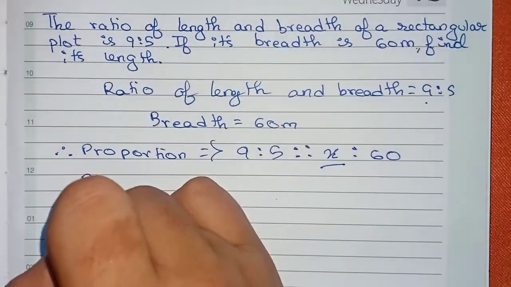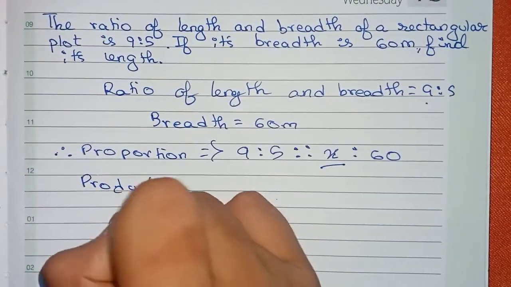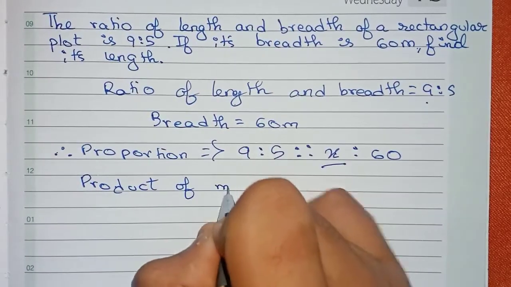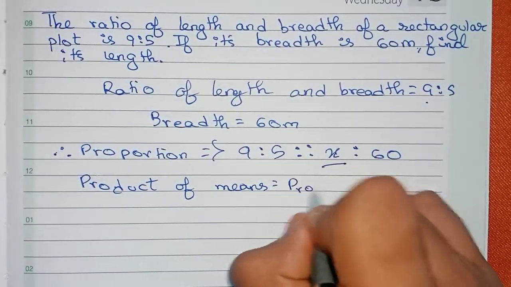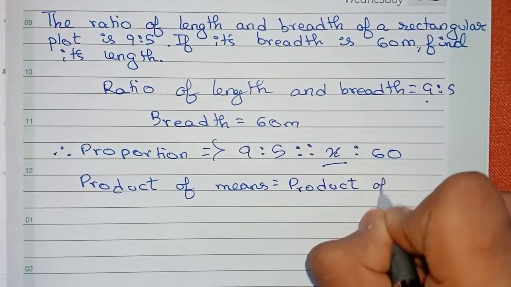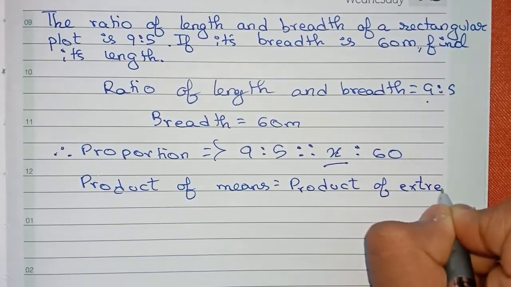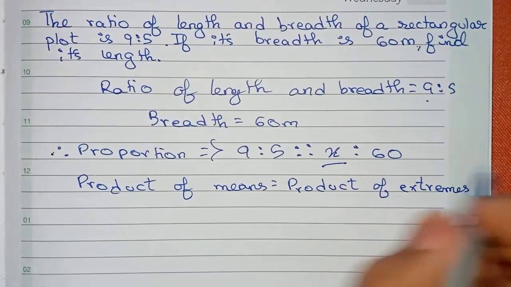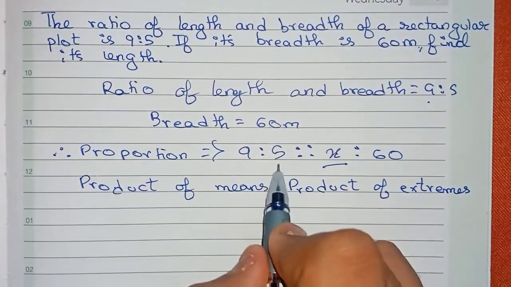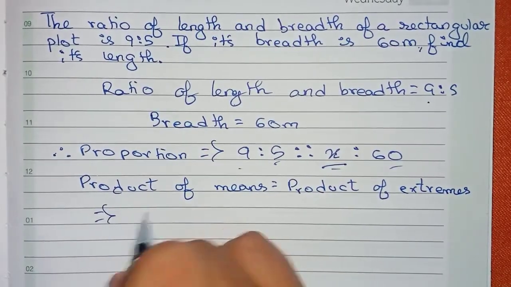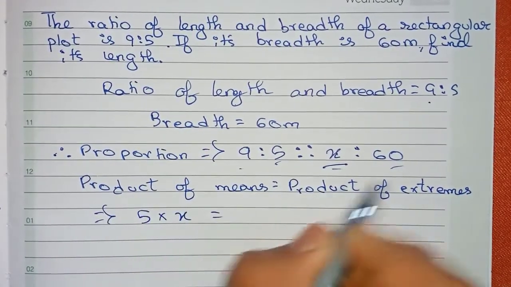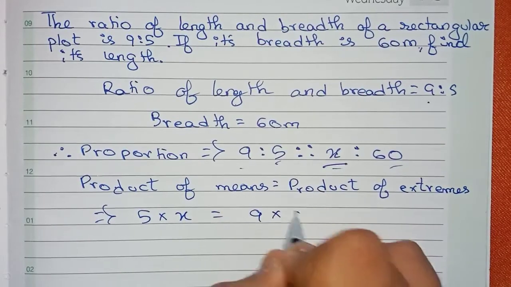So now I write our formula, that is product of means is equal to the product of extremes. So first our means, that is 5 and x, and our extremes 9 and 60.